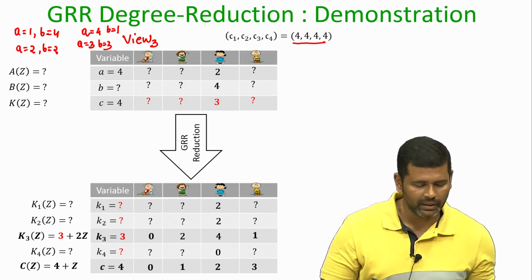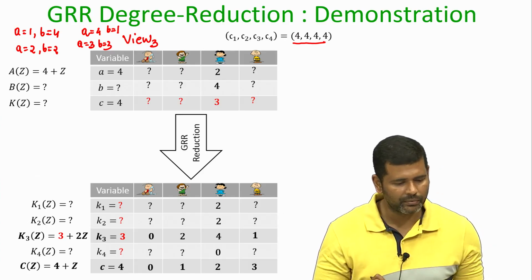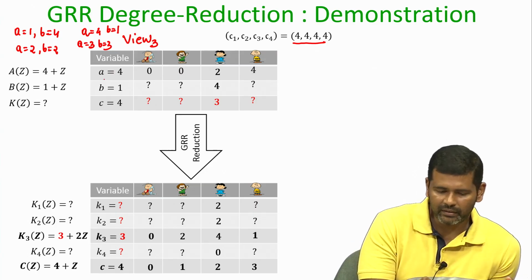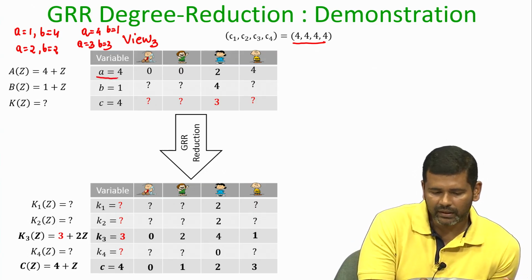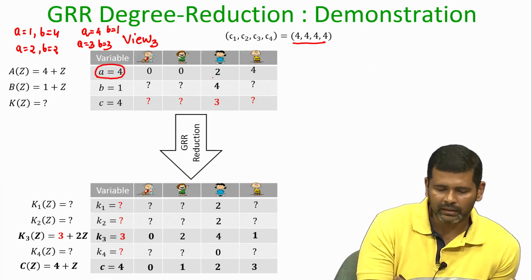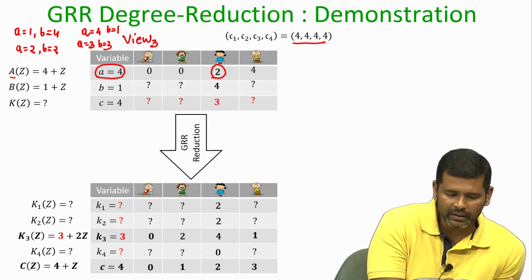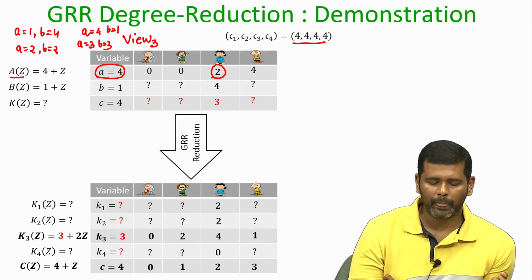So, let us first try the combination A equal to 4 and B equal to 1. Based on the previous exercises, if P3 fixes A to be 4, then given that she has seen the share 2 for that unknown A, that freezes the A polynomial in her view.